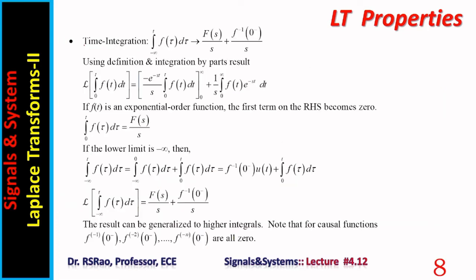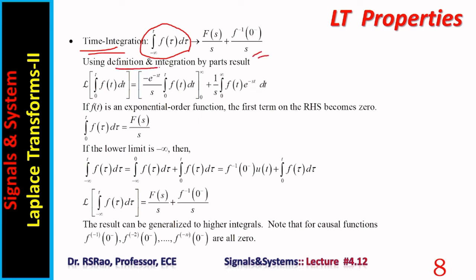Now we consider another property, time integration. The statement is: Laplace transform of integral minus infinity to t f of tau d tau is F of s by s plus f minus 1 of 0 by s.